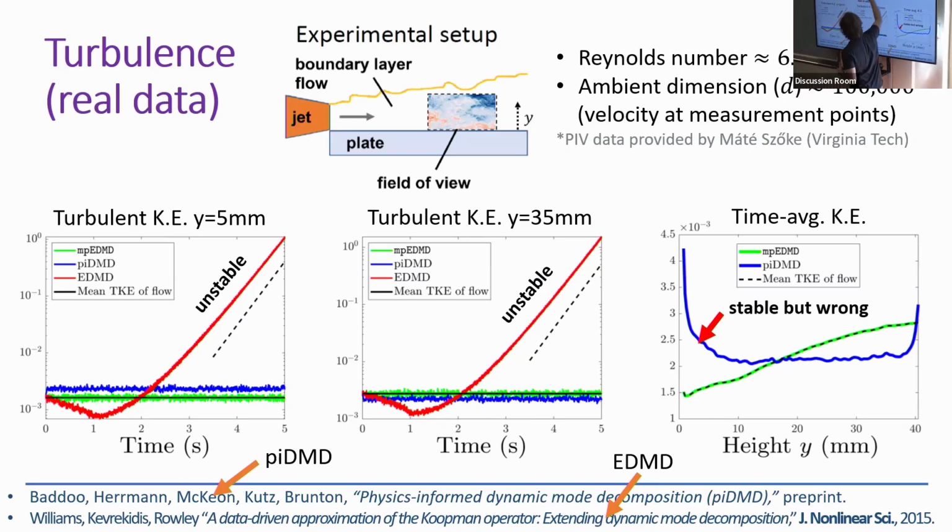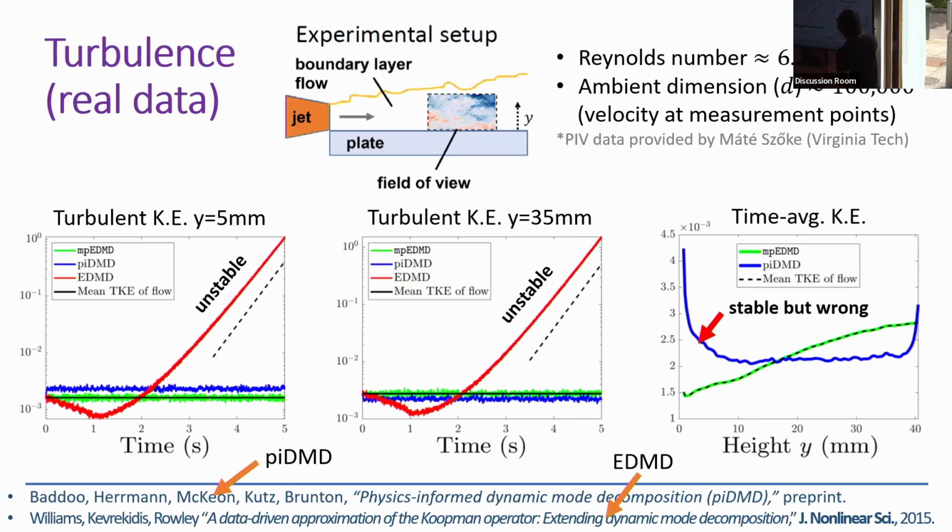Here's 5 millimeters above the plate. The green is what MPEDMD is getting. The black is what you want, it nails it. The blue is stable, but gets the wrong measure. Okay, and EDMD is unstable because you have an eigenvalue outside the disk for this example. Okay, and you can do the same thing at different heights. And then you can actually plot this kinetic energy against height to try and see whether you're capturing the statistics.